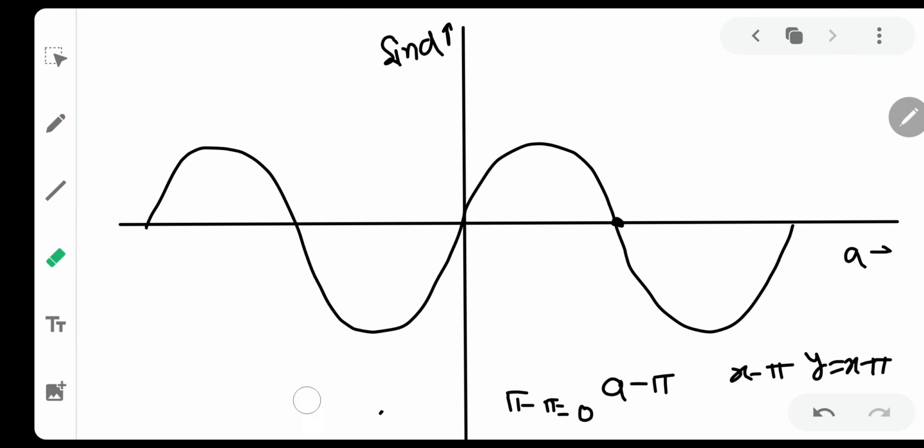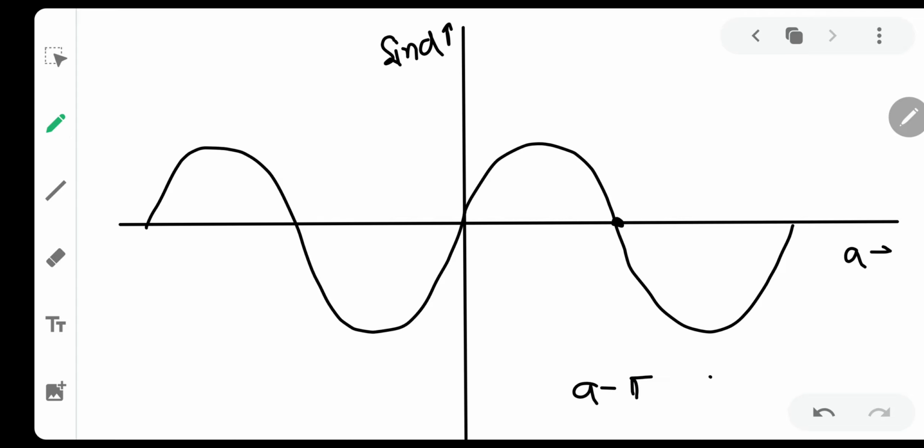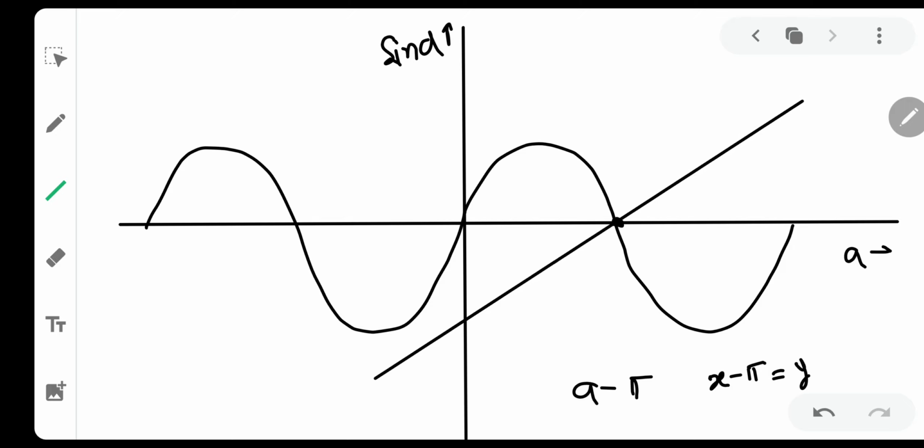Because sin pi is 0 and you know the basic graph of sine. And A minus pi is a line which has an increasing slope. If you are not good with A minus pi, just check x minus pi. What is the slope? The slope is 1, which means positive slope, so it is an increasing line. So just check how I am drawing, just something like this. See, very nice. Okay, so A minus pi is drawn.